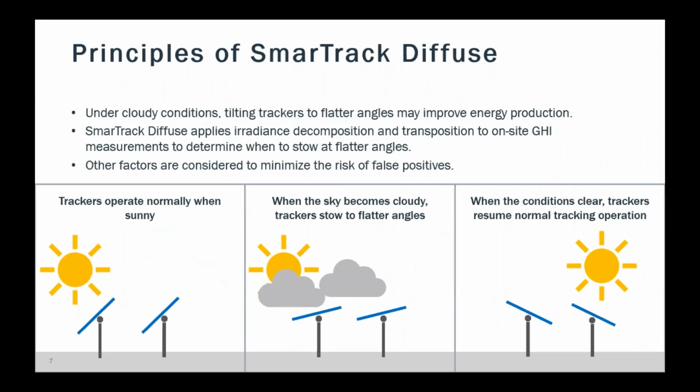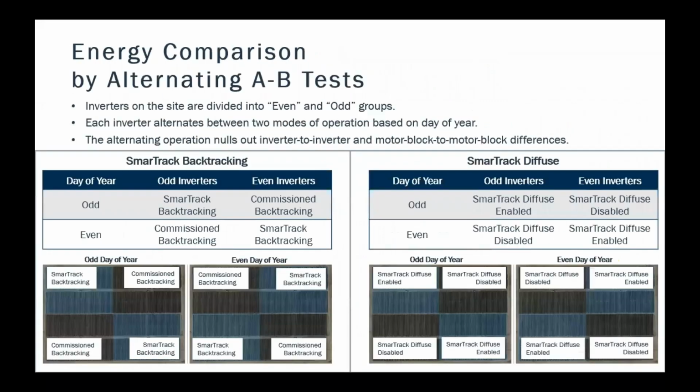The algorithm resumes normal tracking when conditions clear, and it includes a lot of logic to minimize the risk of false positives, and we have some filters or some checks to check on sensor quality.